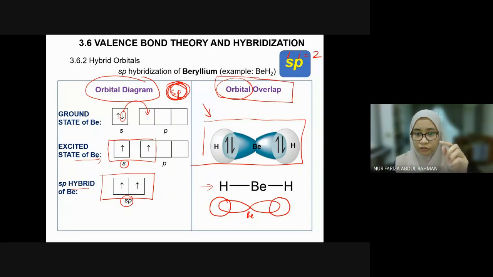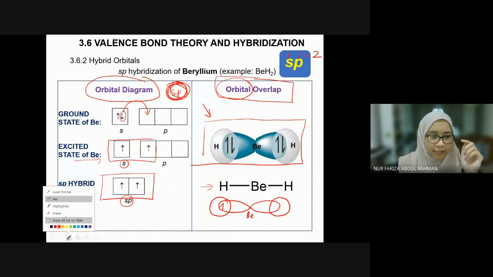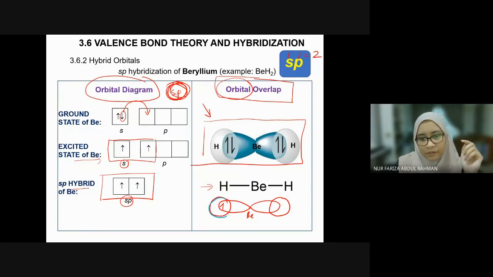So now we have to show the electrons. So we have 1 electron from beryllium. Sorry, I change to another color, so let's change to blue. Okay, blue. So 1 electron from hydrogen. Don't forget to label. Okay, alright.